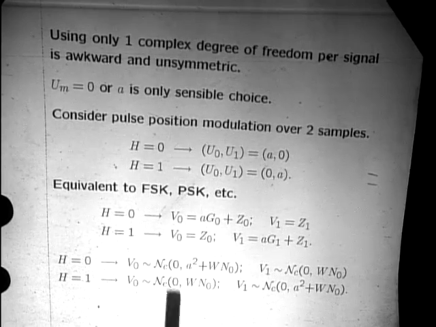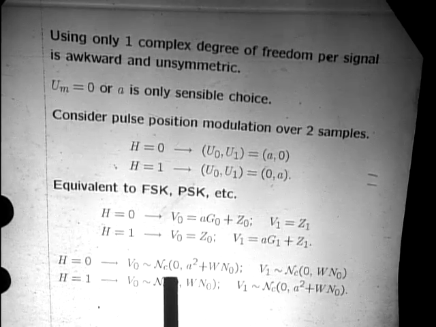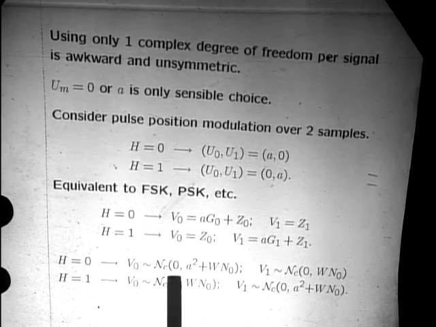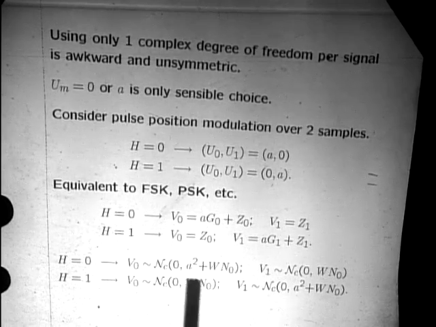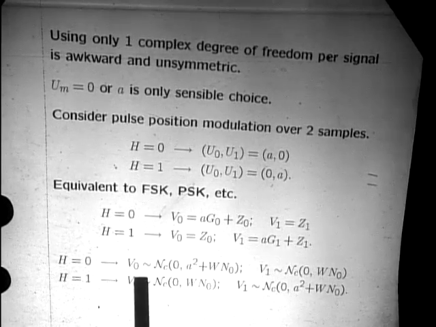So I'll just call this normal complex, and this first thing is the mean, which has a real and imaginary part, but it's 0 in most of the things we deal with. And the second one is the mean square value of this random variable V sub 0.